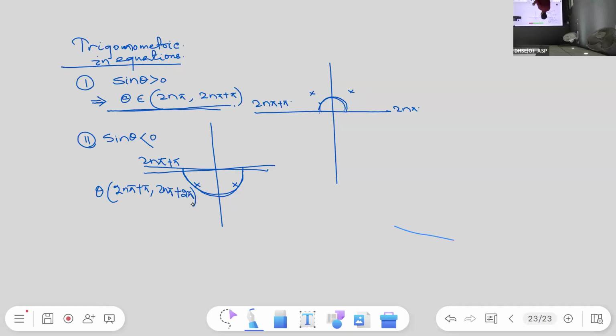But we should write the answer in another way. This is the 2n pi region. If you move in the clockwise sense, this will be 2n pi minus pi. So the region will be 2n pi minus pi to 2n pi.